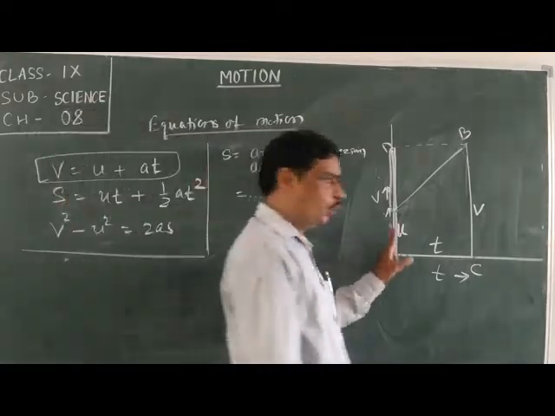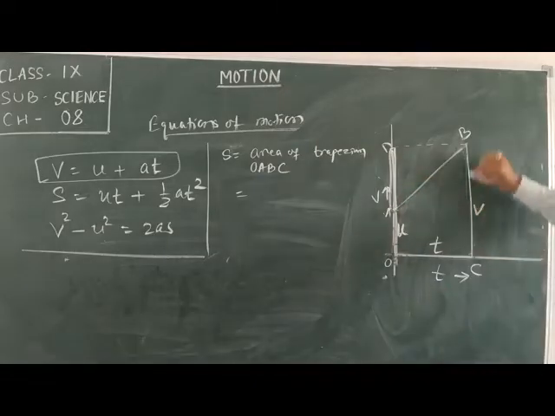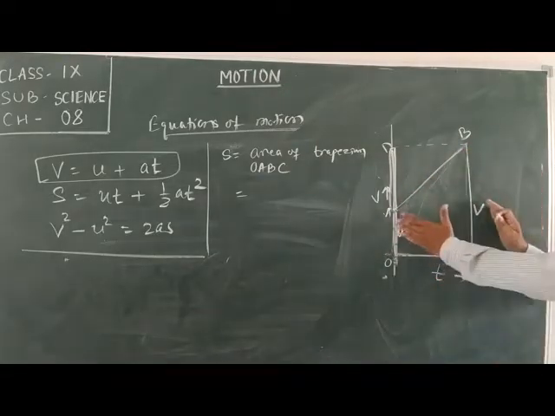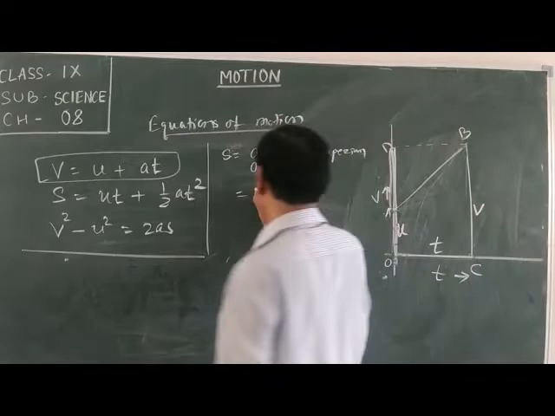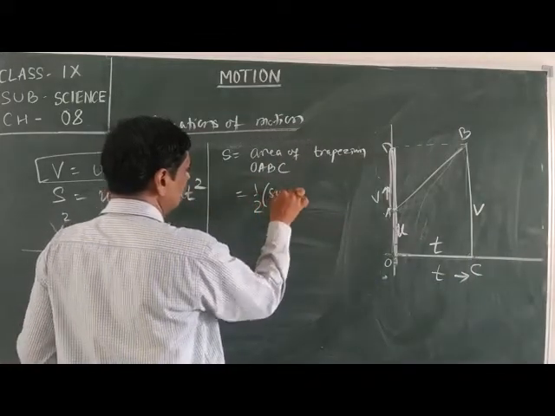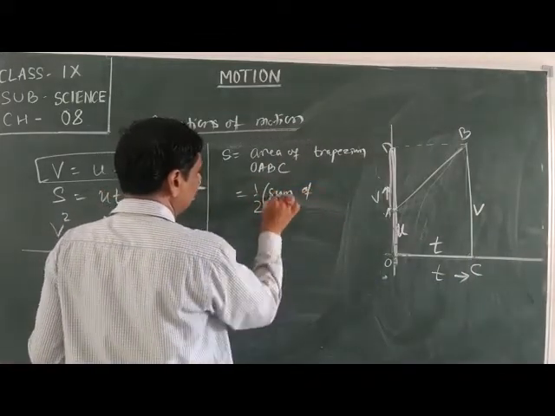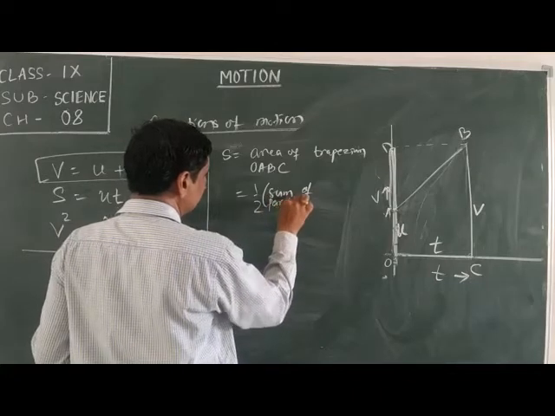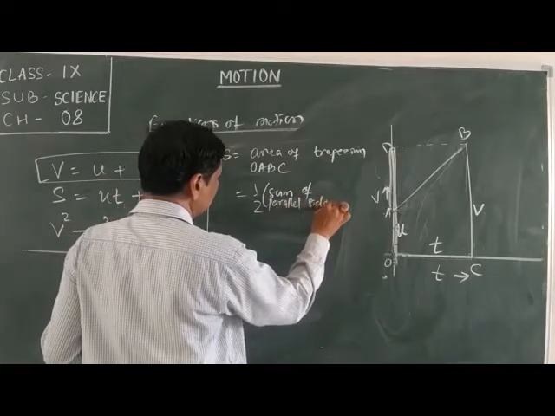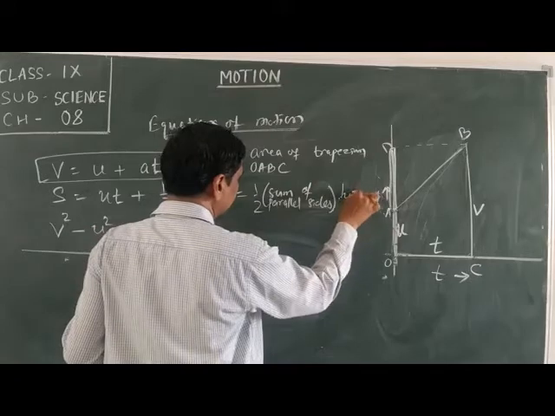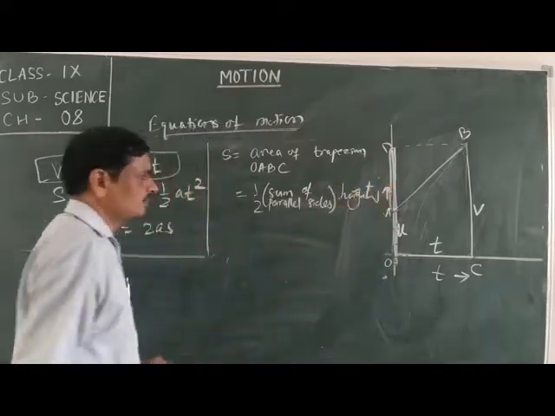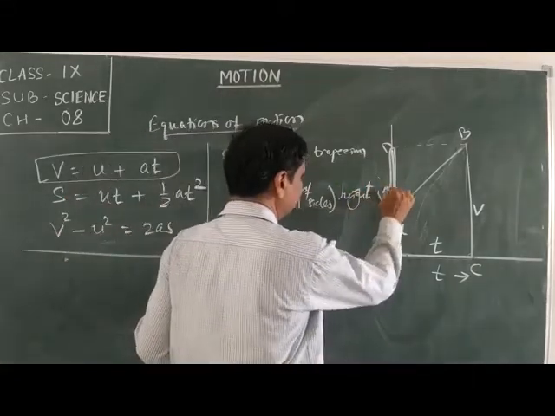Since OABC is a trapezium, its area will be half into the sum of parallel sides into height.